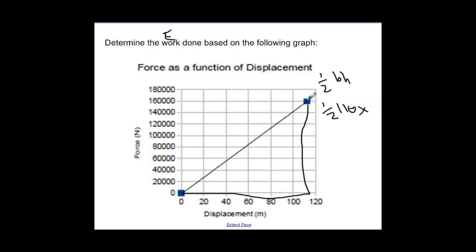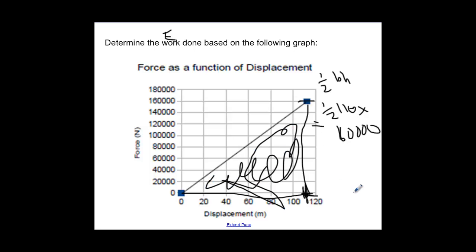And your height looks like it's about, what is that, 1600 newtons? Again, I don't have my calculator with me, but if you do 1/2 of 110, because that's the distance along the bottom here, and then the actual height of the graph is 1600, the area of this shape would be how much energy was spent or how much work was done.